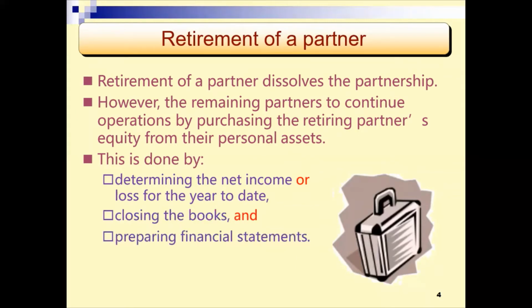These financial statements are meant to show the profit which has been made by the partnership in the year of income in which the partner is retiring. This is a situation where the retirement may take place within the year before the end of the accounting year.